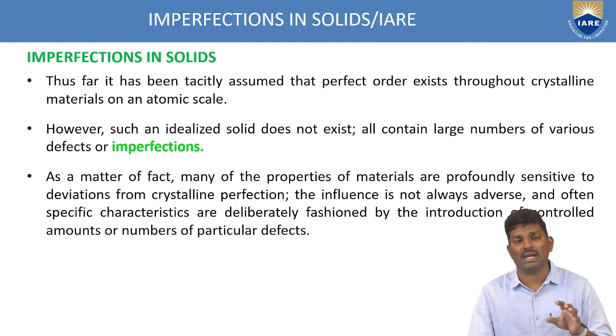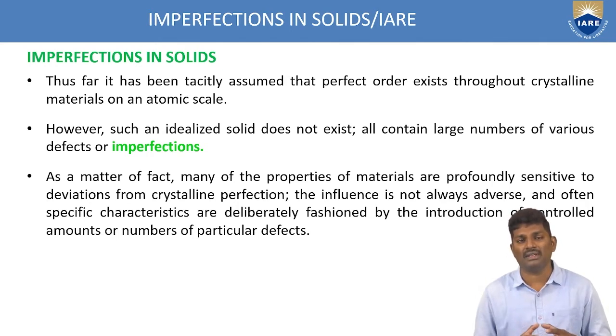That's why the properties of the material are profoundly sensitive to the deviation. If a small variation is there in the crystalline structure, the properties of the material will also change. So it is sensitive to crystalline imperfection. Because of that, it influences not only the properties, but also has an adverse effect on the characteristics of that material.